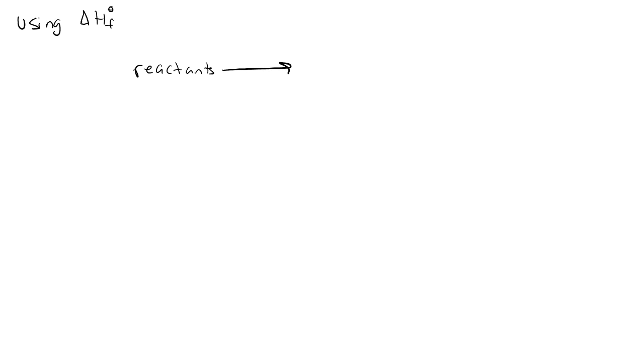We react our reactants to make products. Remember, the elements that make the reactants are also the same elements that can make the products. We are looking for the delta H of formation for the reaction.